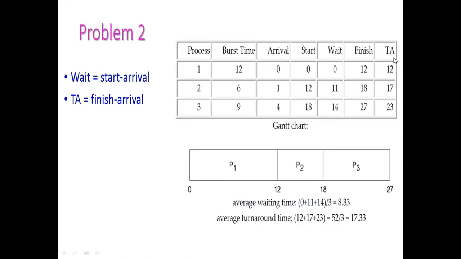Finish time minus arrival time gives the turnaround time. So the average turnaround time is 12 plus 17 plus 23, that is 52, divided by 3, we get 17.33. So we need to calculate the average waiting time as well as the average turnaround time.